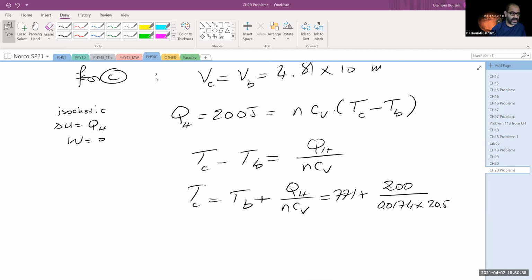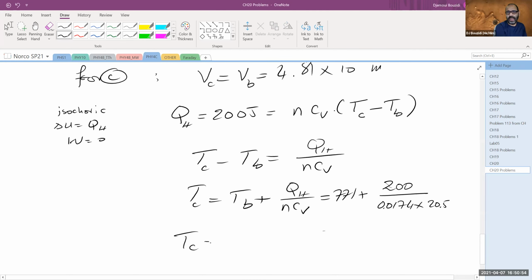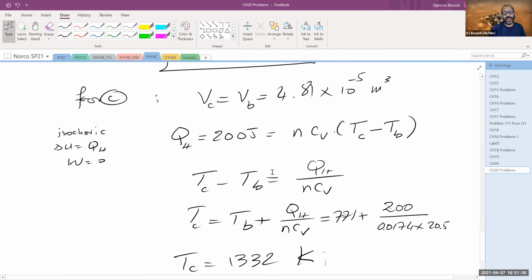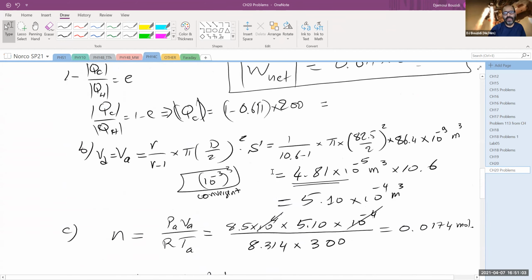So it's 771 plus 200 divided by 0.0174 times 20.5, close the parentheses. And it's telling me it's 1,332 Kelvin. So TC is 1,332 Kelvin, okay? Which is the highest temperature in this process.